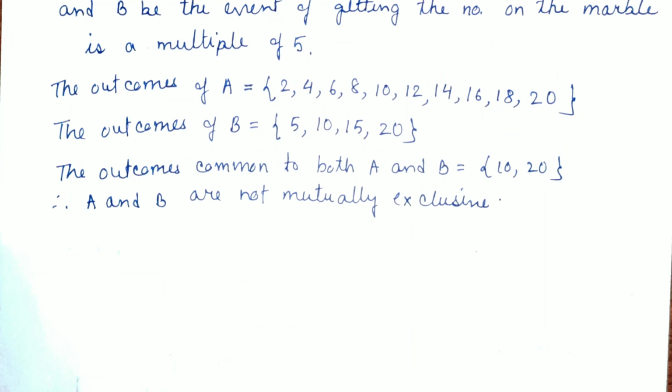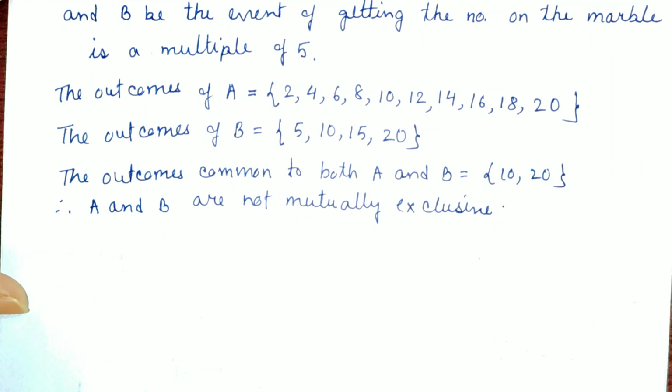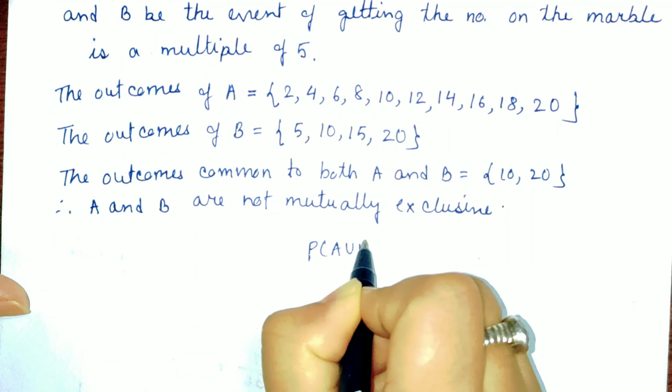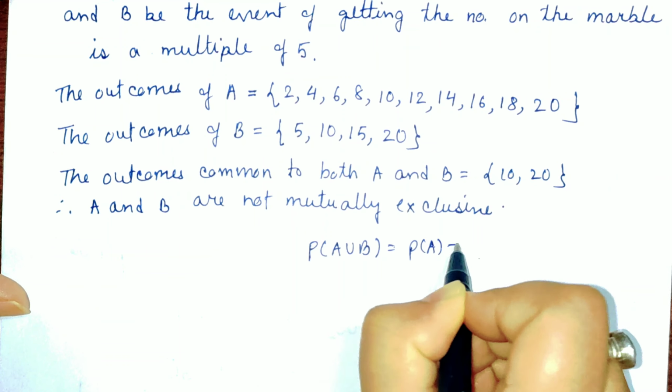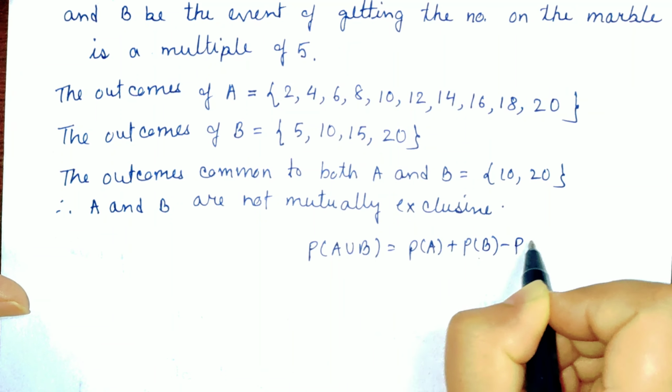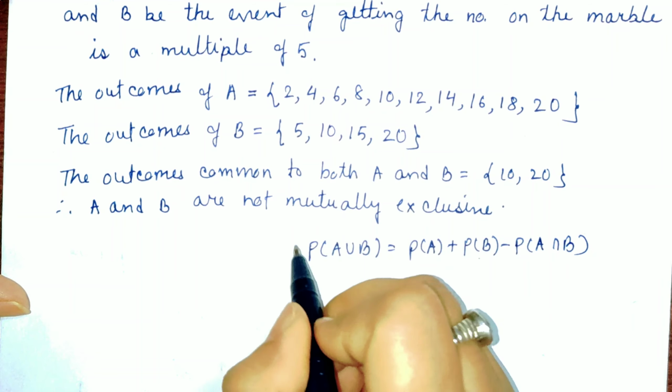When two events are not mutually exclusive, then we use the formula P(A union B) equal to P(A) plus P(B) minus P(A intersection B).